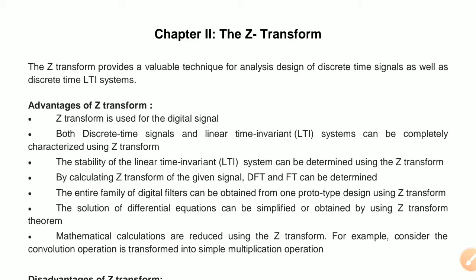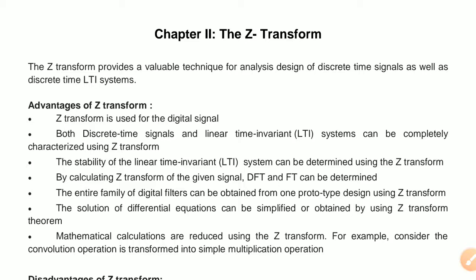Those are the digital filters. But in the case of analog filters, there are different types of filters which deal with the filtering of the analog signal, or removing the ripple content of the analog signal. So now we are dealing with the digital filters. All this digital filter family can be obtained from one prototype design using the Z transform.